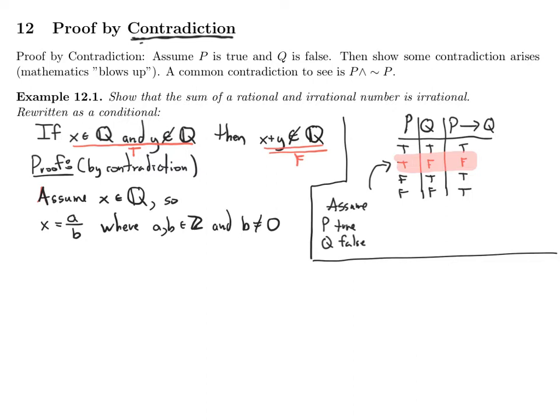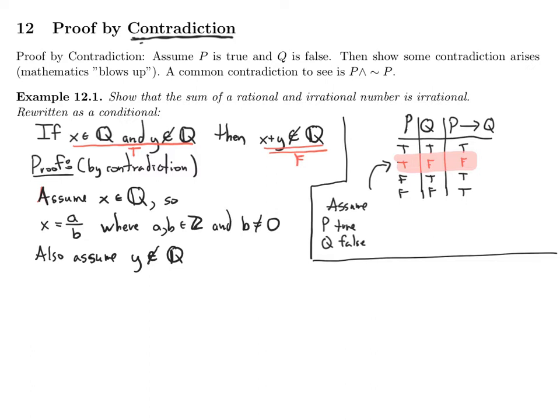So we assumed x was rational. Also assume y isn't rational. It cannot be written as a fraction, an integer over another integer. And that's kind of the key here.